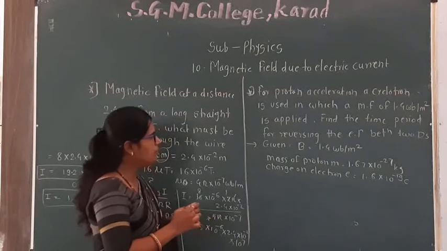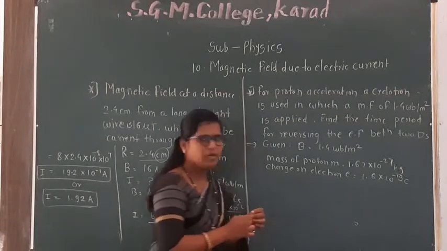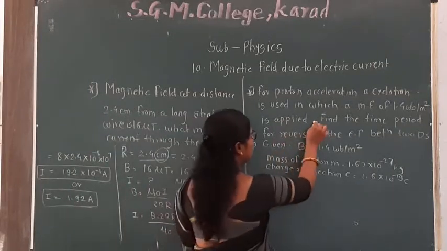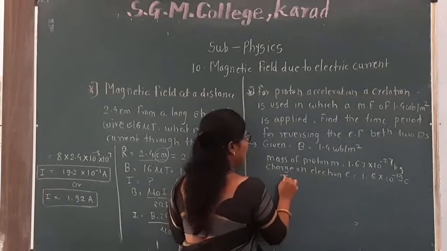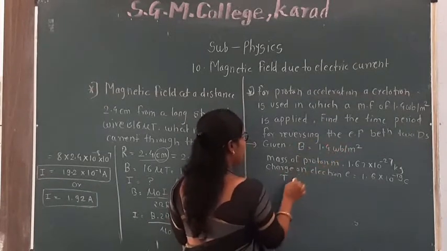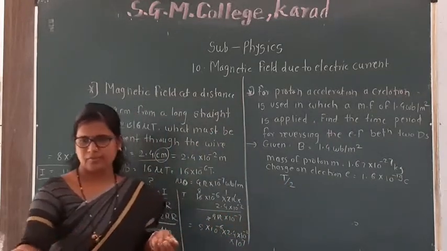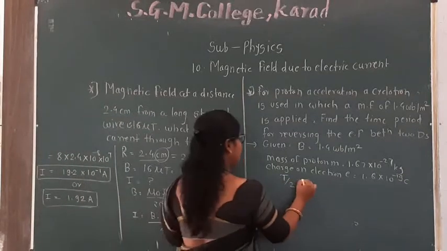B is given here, mass of proton also we write here, and charge on electron also we write here. Now actually we have to calculate the time period. For reversing the electric field between two dees, means T by 2 we have to calculate.